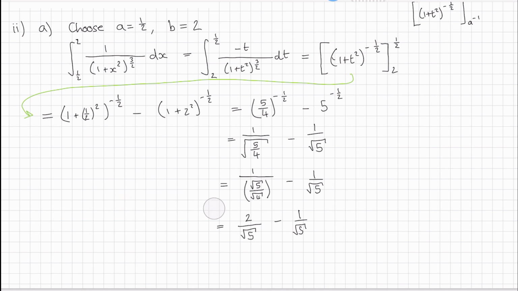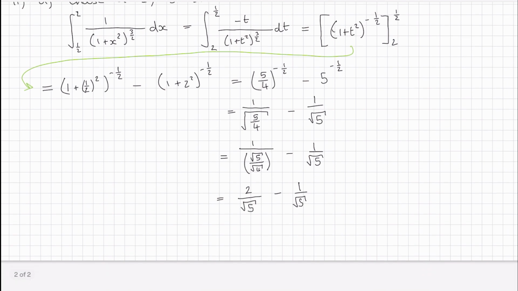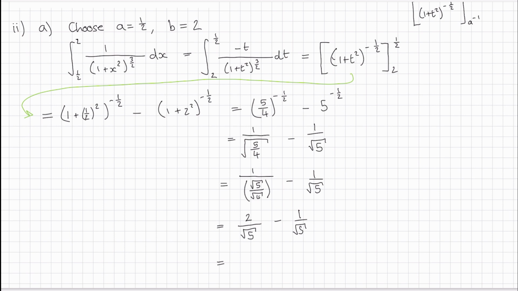Some people rationalize the denominator and others don't. I personally like to. So that equals 1 over root 5, which is equal to root 5 over 5. And that is the second part answered.